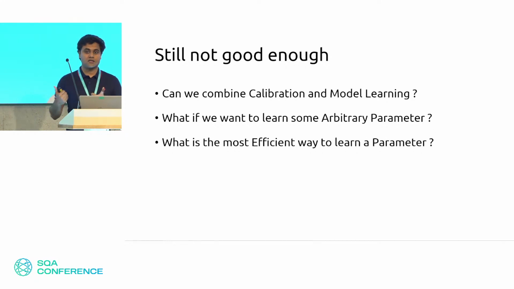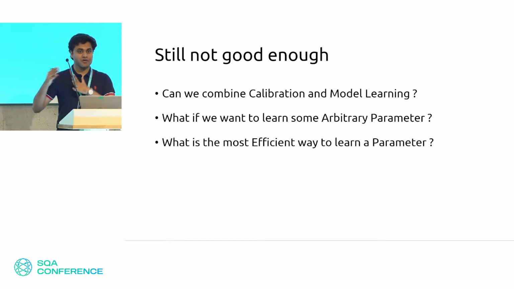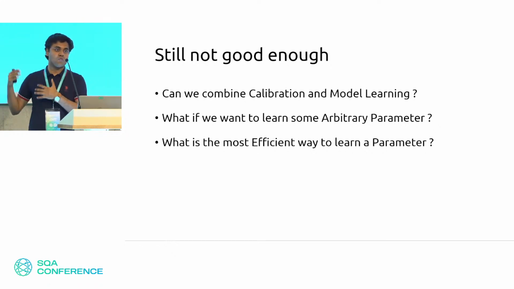And what is the most efficient way? I think this is something that's very crucial, that most of the techniques that we have right now are heuristics-based, and they work, and they have been working for decades. But do they have any information theoretic founding that that is the most efficient way to learn a particular parameter? So that's a question that we need to ask, because as we scale our devices, this will become more and more important.